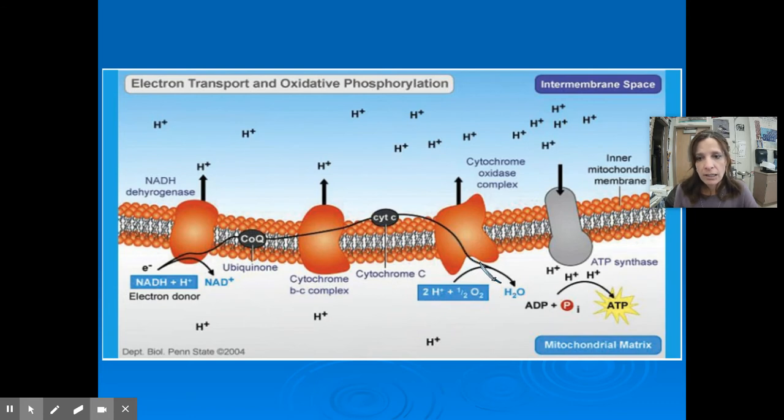And then here is your electron that's getting grabbed by an oxygen and a hydrogen to make water. And then over here is your ATP synthase. Now the hydrogen ions or protons go down their concentration gradient, and as they go down, they cause ADP to combine with phosphorus to make ATP.